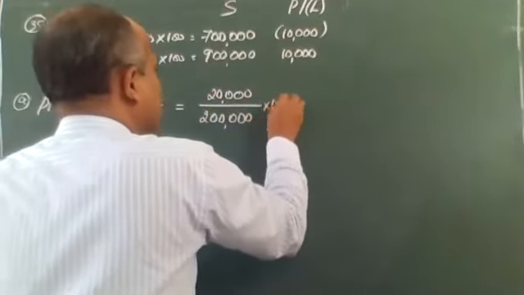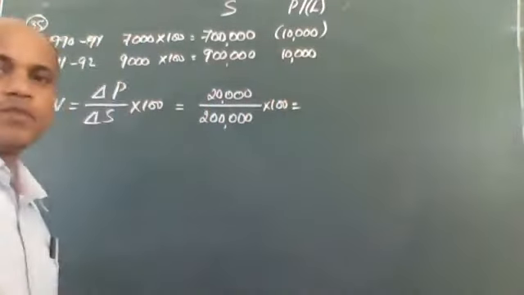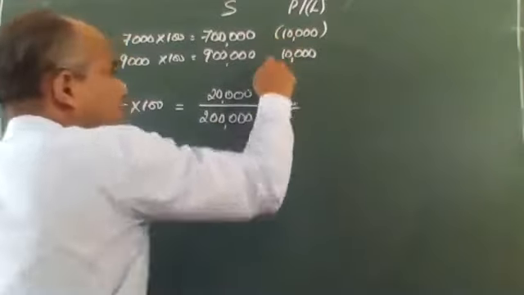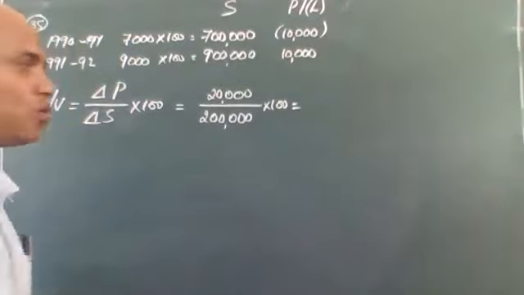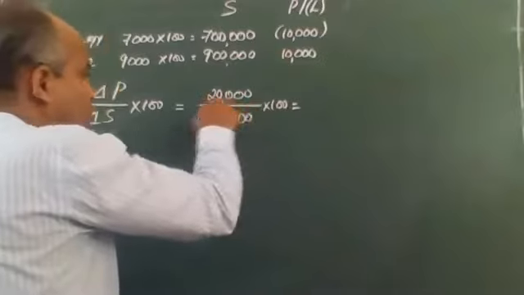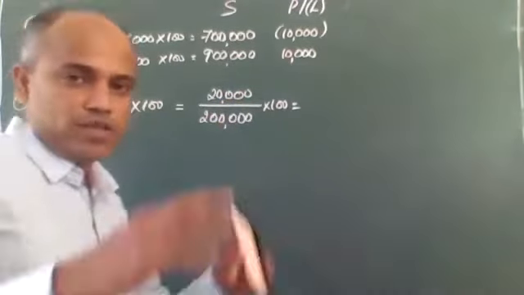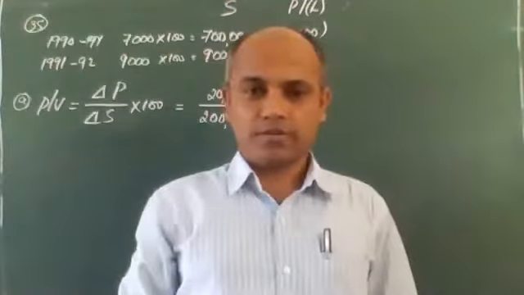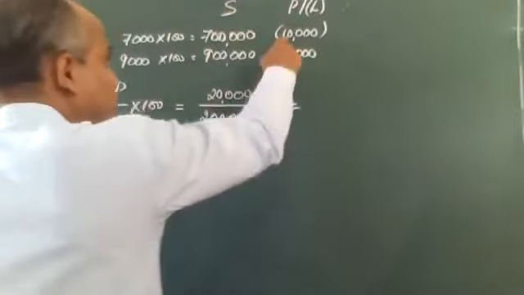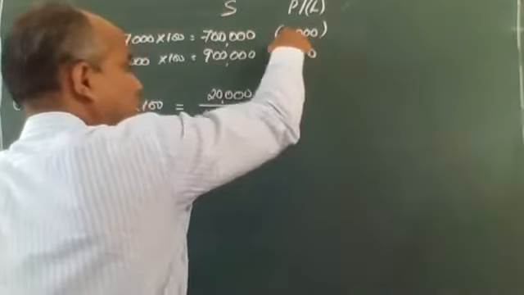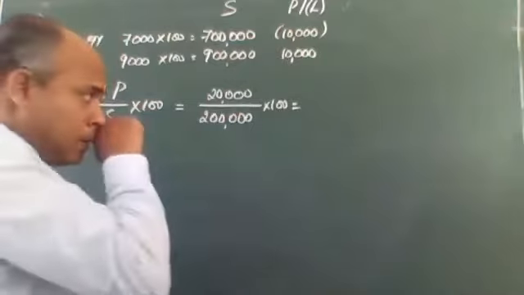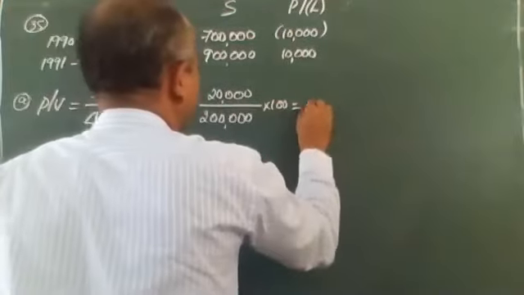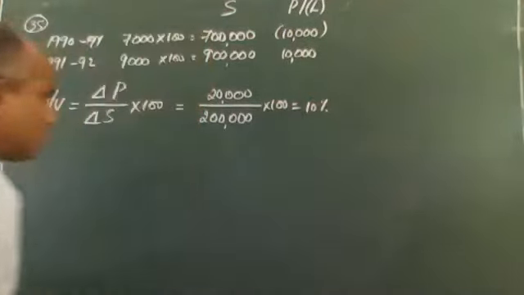Many of the students try to take the difference between these two figures and say it's 0. When you say 0, finish. If it is 0, then there is no PV ratio, and when there is no PV ratio, your problem is gone. So remember, whenever there is a loss, it is 10 plus 10, it is 20, right? So this comes to 10% as the PV ratio.